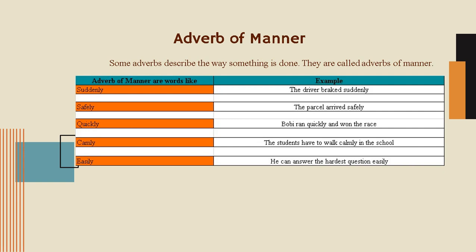Safely, for example, the parcel arrived safely. Quickly, for example, Bobby ran quickly and won the race. Calmly, for example, the student had a walk calmly in the school. Easily, for example, he can answer the hard question easily.